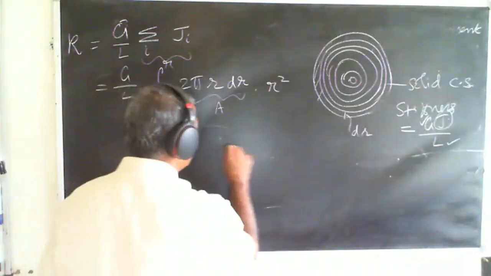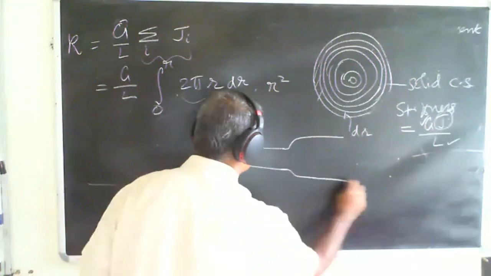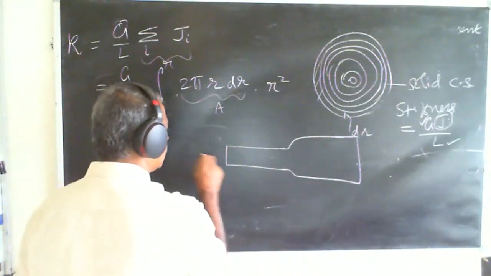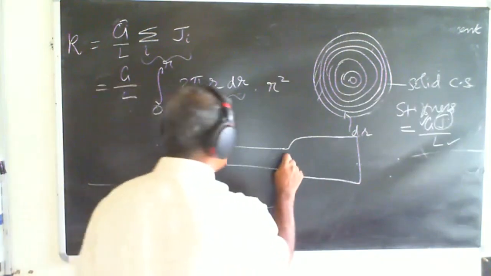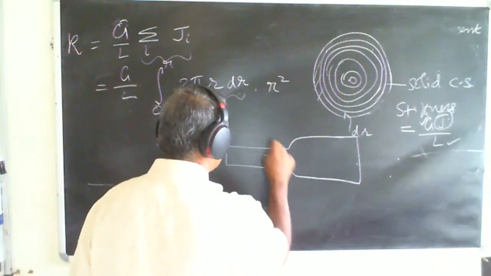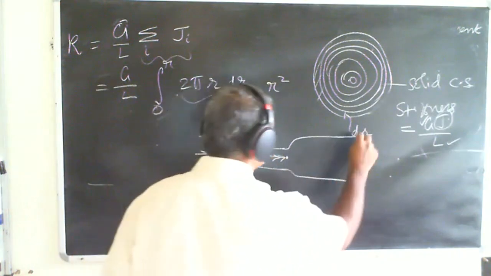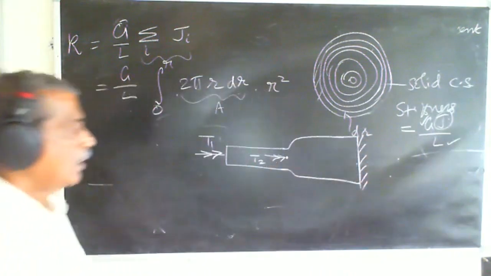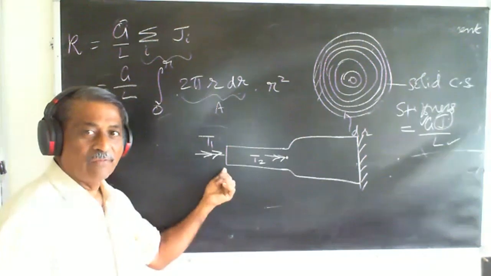Supposing I have something like this, okay, and it is subjected to torque, and I want to find out how much of twist has happened at the end of this.